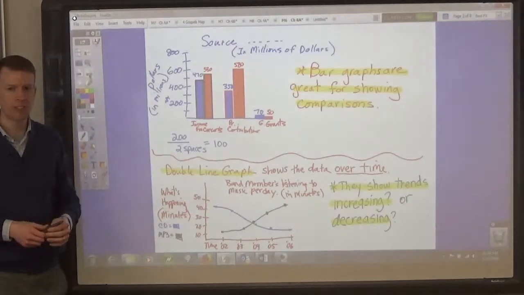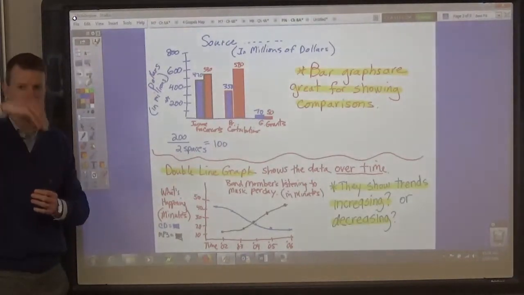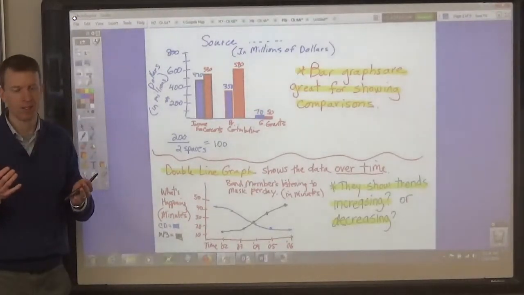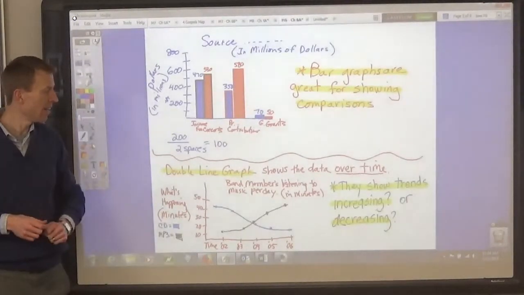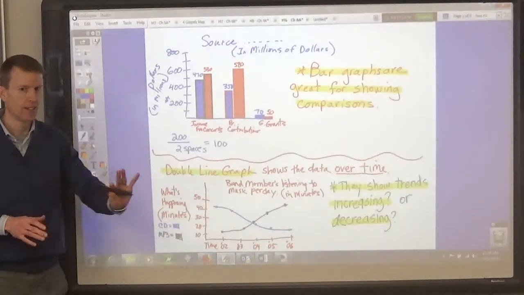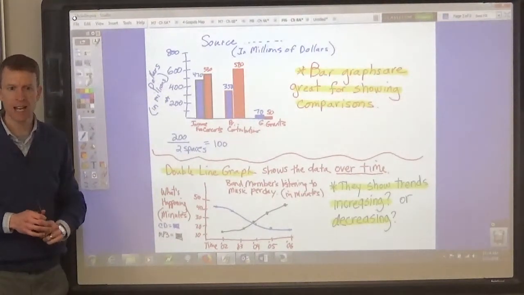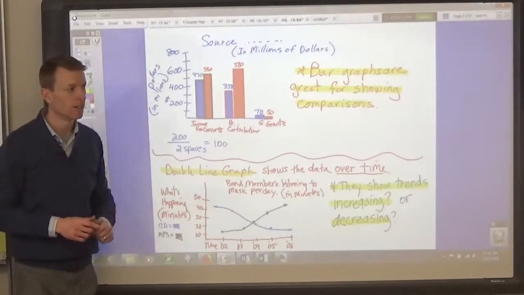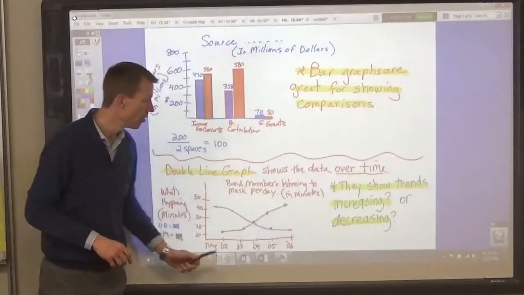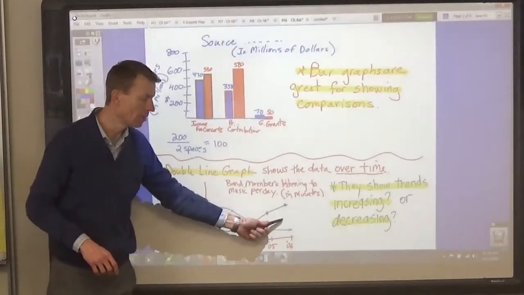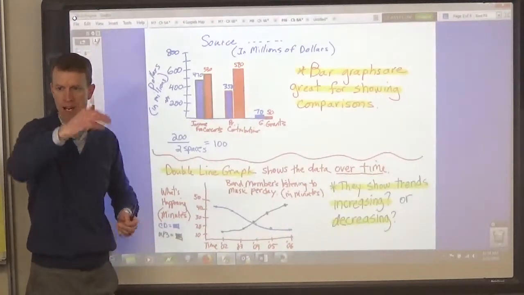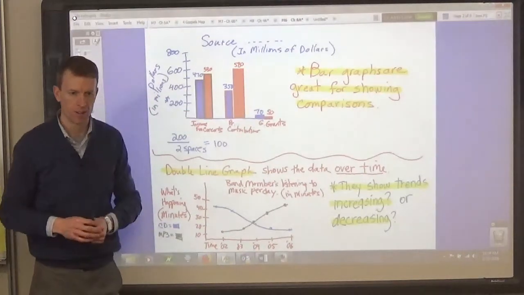Yep, and specifically how things go up and down, or the trend. Yeah. Change over time, okay? So if they go upward over time, usually line graphs are about time, involving change, how things change as time goes on. Okay?